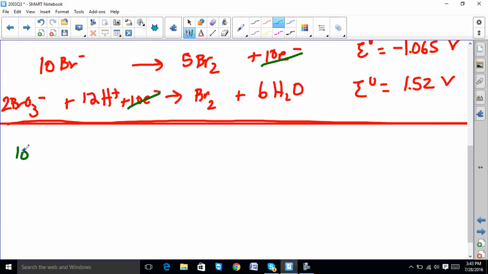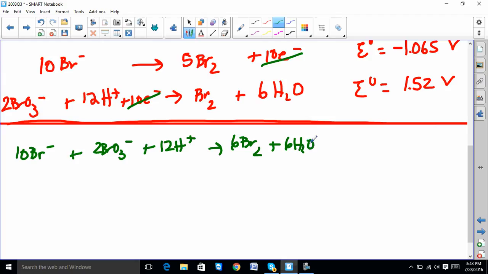And so I end up with 10Br minus plus 2BrO3 minus plus 12H plus goes to 6Br2 plus 6H2O. And then the cell voltage, this is interesting. When you add these together, you get positive 4.55 volts. But when you're adding, you count decimal places. This has 3, this has 2, you only get 2, so positive 0.46 volts.